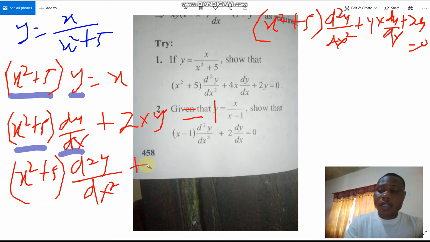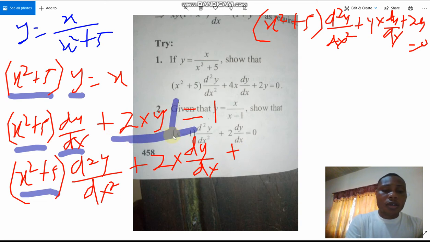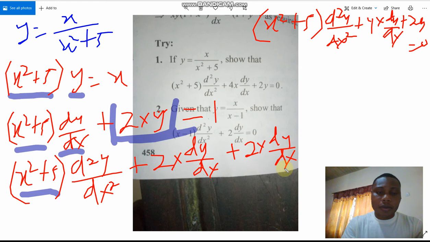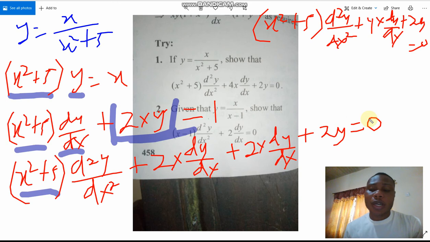When I differentiate the bracket, I should get 2x times dy/dx, plus this one too I'll consider as a product. I'm going to use the implicit rule or the product rule, and however you want to do it, you will still get it. So I maintain 2x, differentiate y, dy/dx, okay. Then plus I maintain 2y, differentiate y, I'll get 2y, which is equal to 0, because if I differentiate 1, I'll get 0.